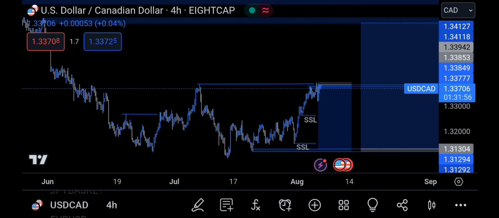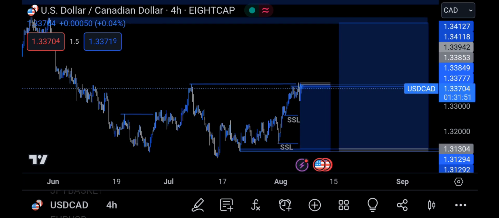That's about 700 pips in total on this particular pair. So that is it on USD CAD.